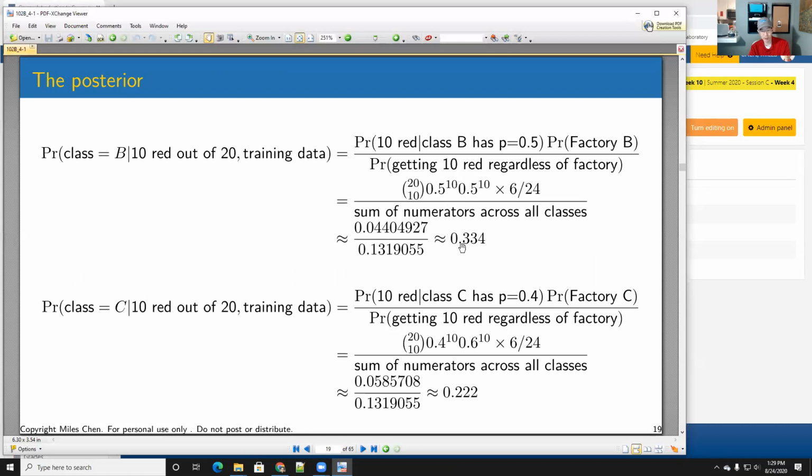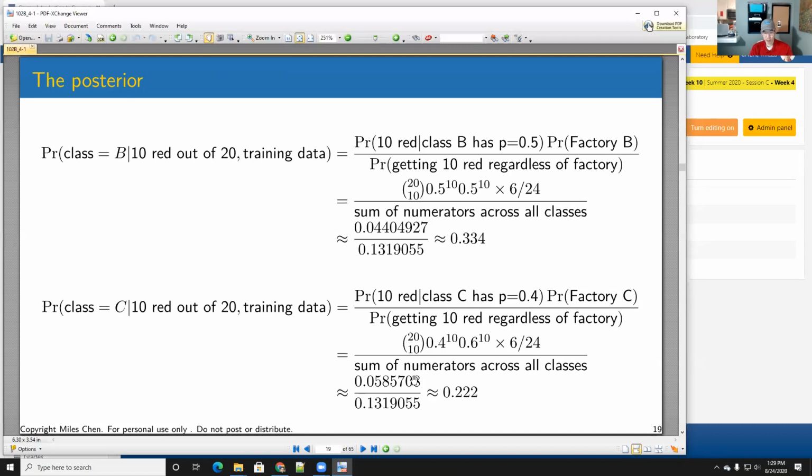And so when you do that, you get 0.33. And then when you do it for class C, the probability of getting 10 red if the probability is 0.4, that's the property of the class, multiplied by the prior probability of factory C, which is 6 out of 24, we get something like 0.222.